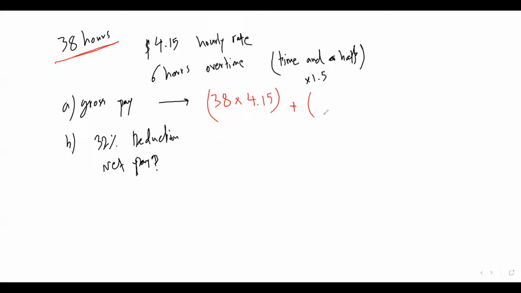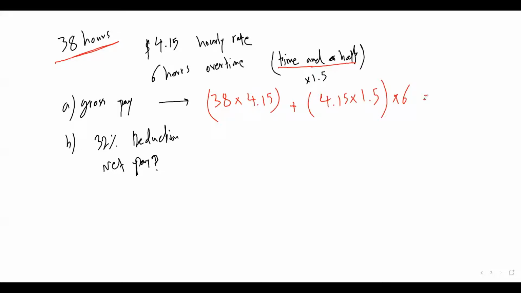However, you can't give it the same rate as basic salary. You need to multiply 4.15 by 1.5. That's, we've been told, time and a half. And how many of these do we have? 6 hours.